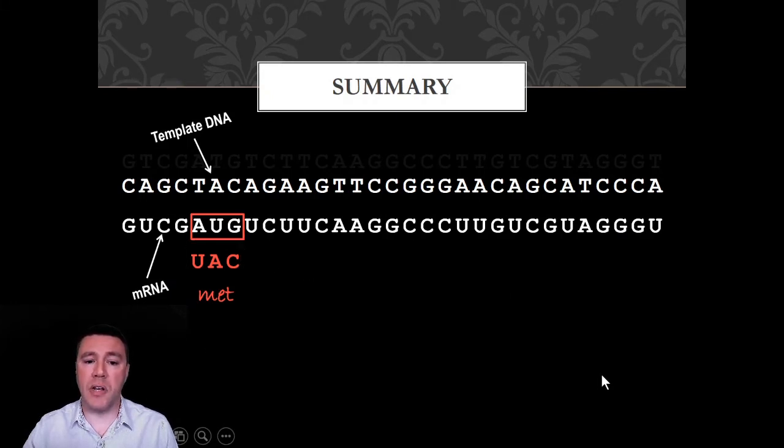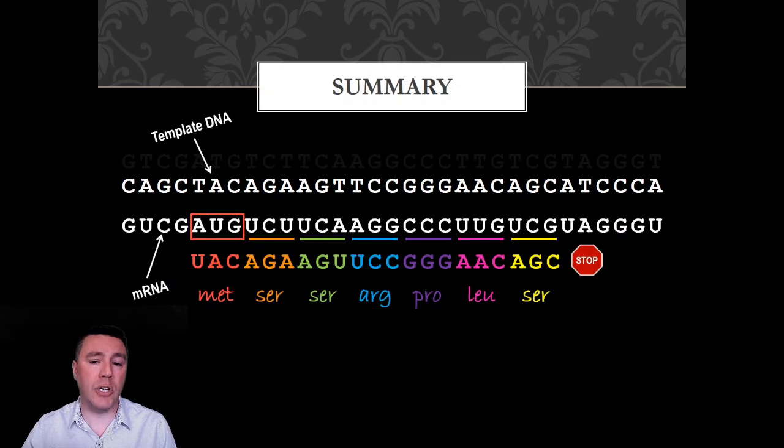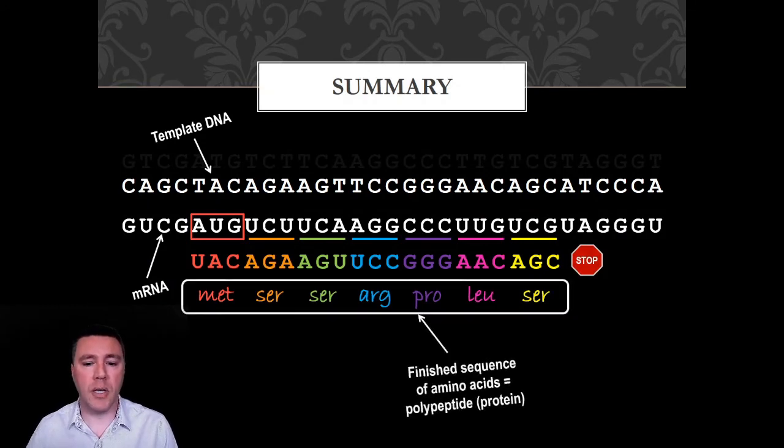That means that the next codon is going to be UCU, then the next one is UCA, then AGG, then CCC, then UUG, UCG, and then UAG happens to be a stop codon. So what we're observing here is a small representation of real protein synthesis, because to produce a real protein would take many more amino acids than the 7 that are listed right there.